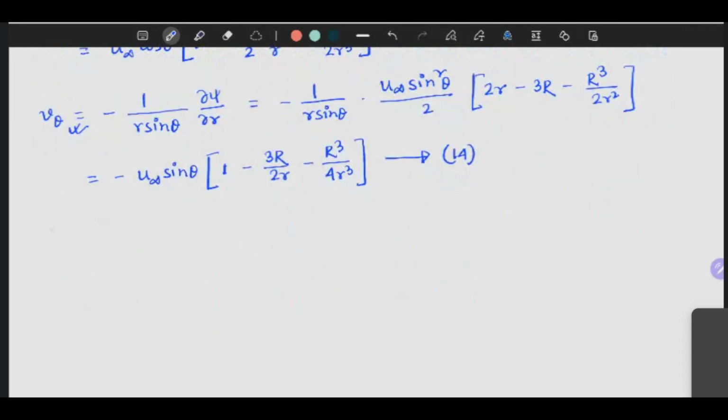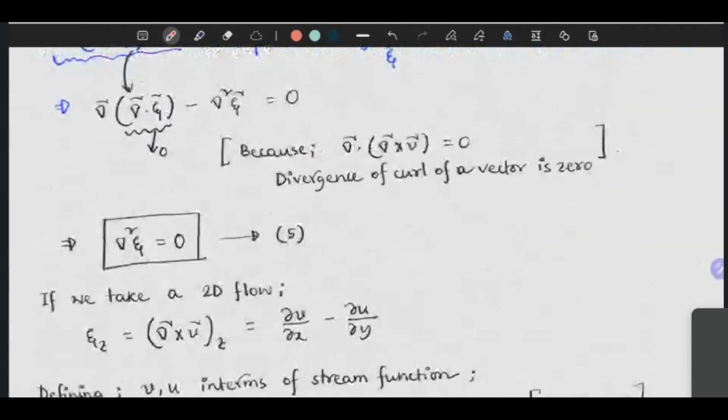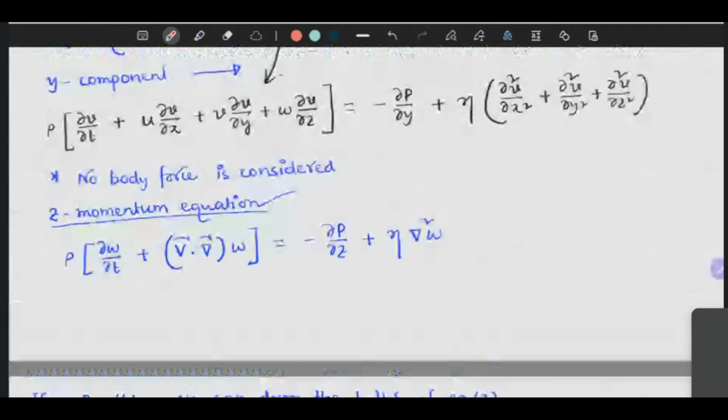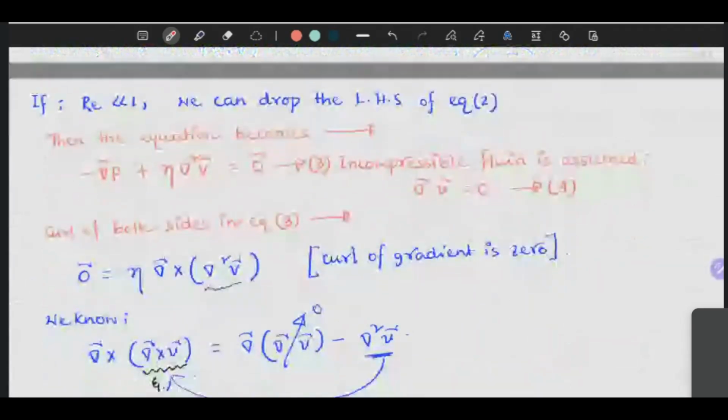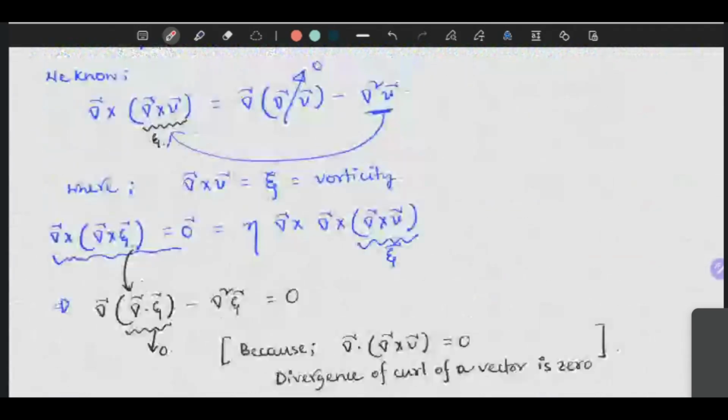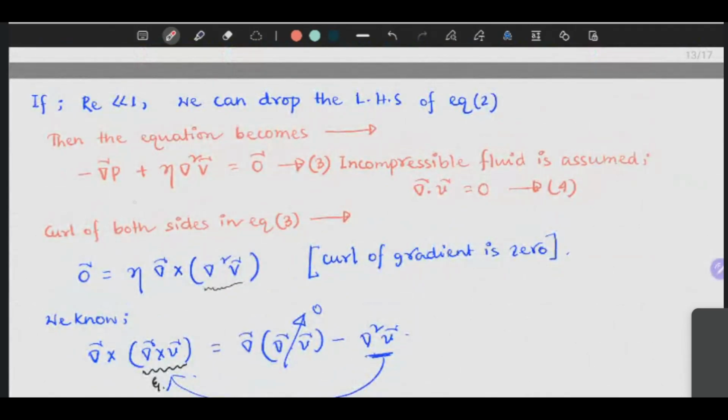So now the Stokes equation was grad pressure equals eta Laplacian V, because this was the equation, right? At the end it was the equation that was there, this one.